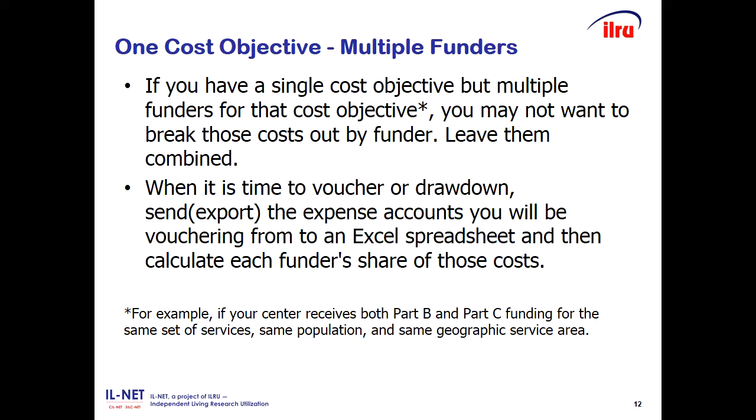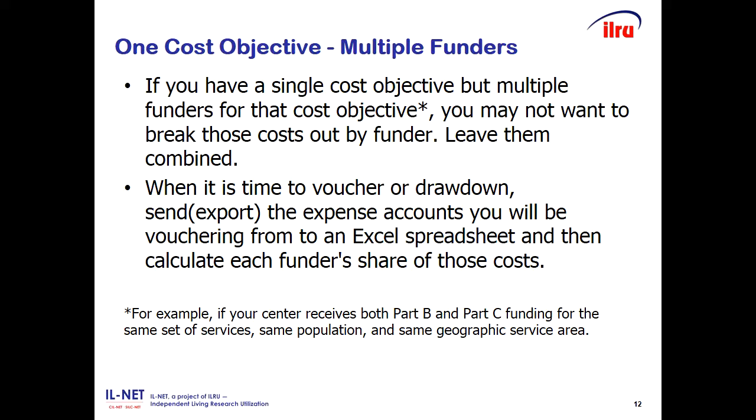And most of you found if you tried to do it by funding source, you were doing it artificially. You were making up a percentage to split it out that fit with your grant application, but not based on the actual time or the actual things that people were doing.